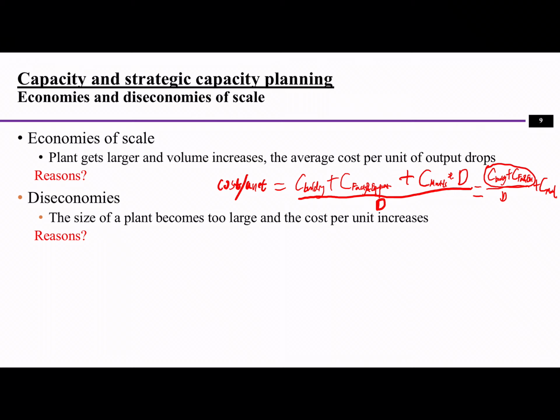Now let's look at it. If we get a lot of increase of the investment into building and facilities to increase our capacity of production, the cost of units will go up, right?